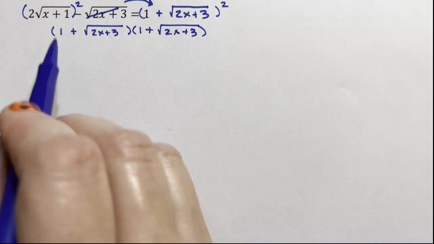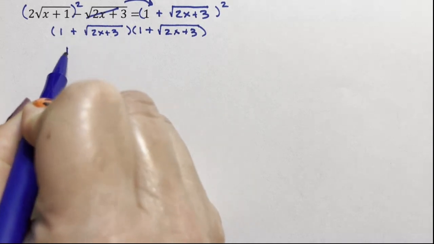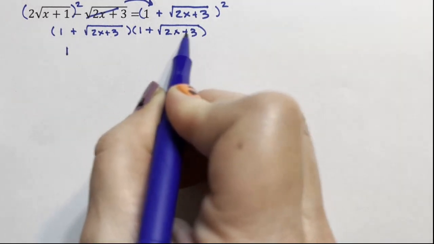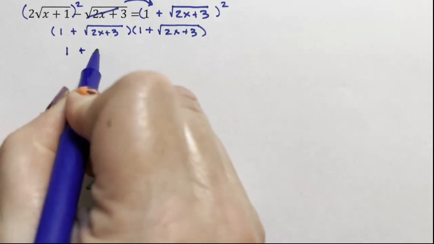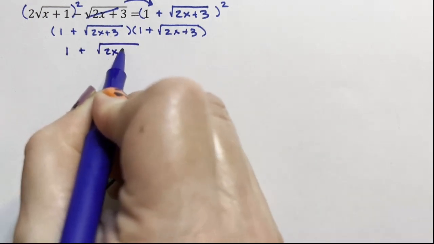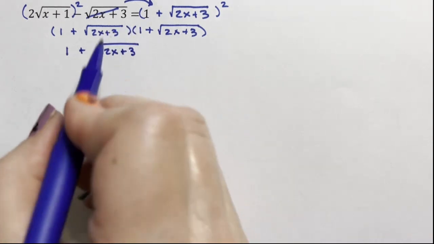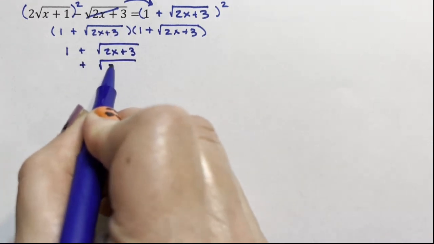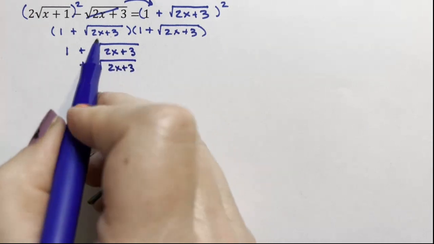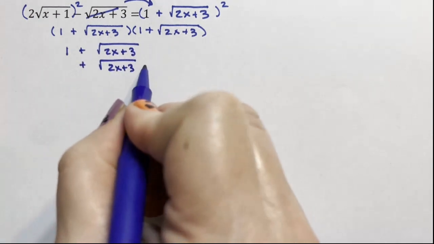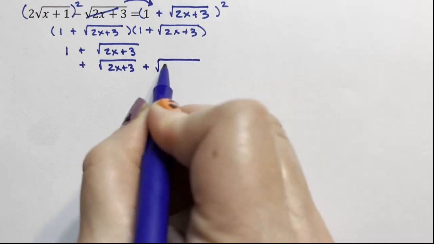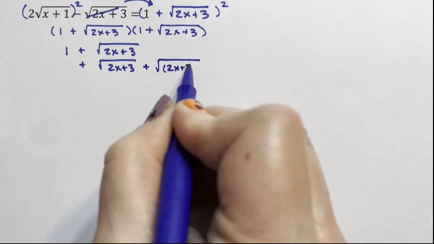I'm going to distribute the 1. 1 times 1 is 1. 1 times the square root of 2x plus 3 is the square root of 2x plus 3. The square root of 2x plus 3 times 1 is the square root of 2x plus 3. And the square root of 2x plus 3 times the square root of 2x plus 3 is the square root of 2x plus 3 squared.